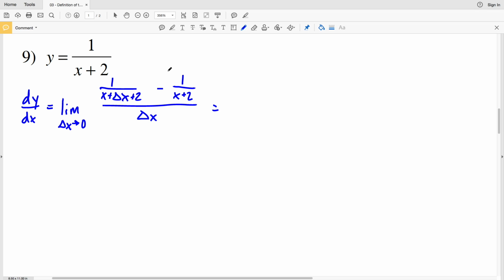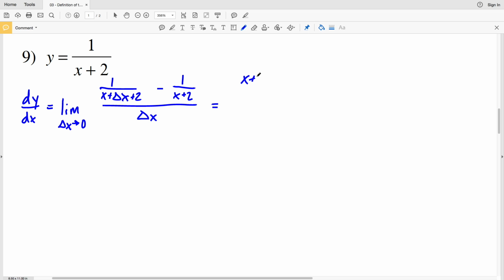In order to solve, I need to combine those terms within my numerator. Therefore, I need to have them with a common denominator. So I'm going to multiply my first fraction by the second denominator over itself, multiplying it by 1, and then I'm going to multiply my second fraction by the first fraction's denominator over itself, multiplying that fraction by the same value 1, but using different numbers.